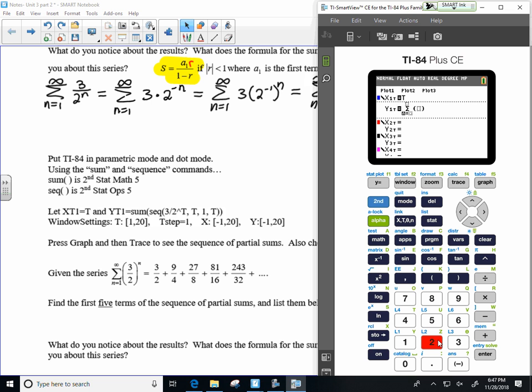So I'll write it in here first, and then I'll put it on the smart notebook. So you're going to go from t equals 1 to t. And then you're going to put your function in. All right, so it's 3 over 2 to the t power.